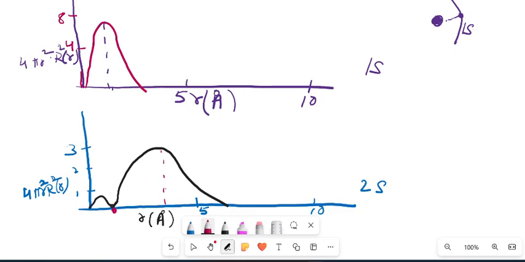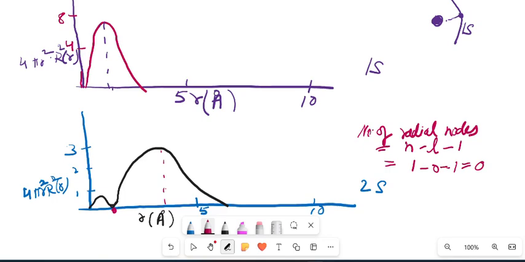The number of radial nodes is equal to n minus L minus 1. So for the 1s orbital, n minus L minus 1 comes out to be 1 minus 0 minus 1, that is 0.